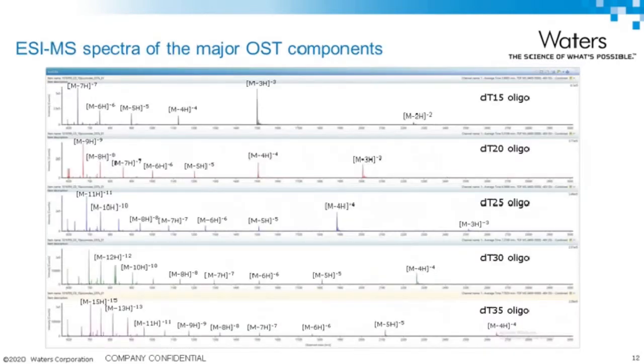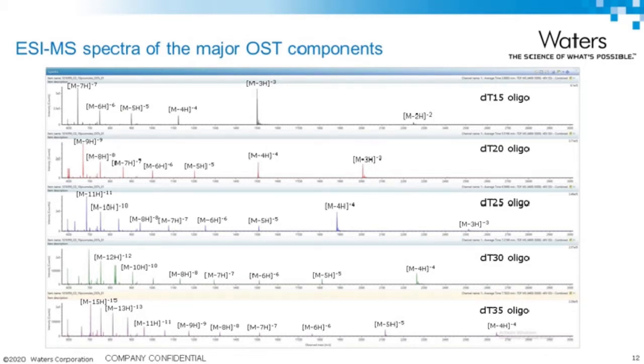The spectra recorded for the top 5 major oligonucleotides present in this mixture are shown here. All these spectra display a bimodal distribution, showing a maximum for low charge states, -3 and -4, but to the left we have a maximum again for higher charge states, including -7, -9, or all the way up to -15.